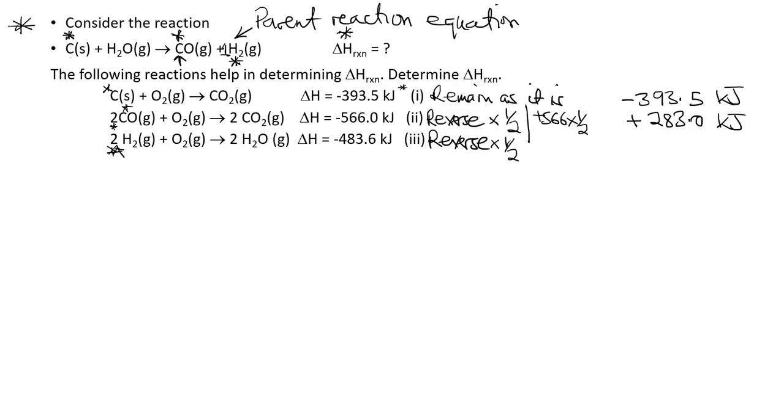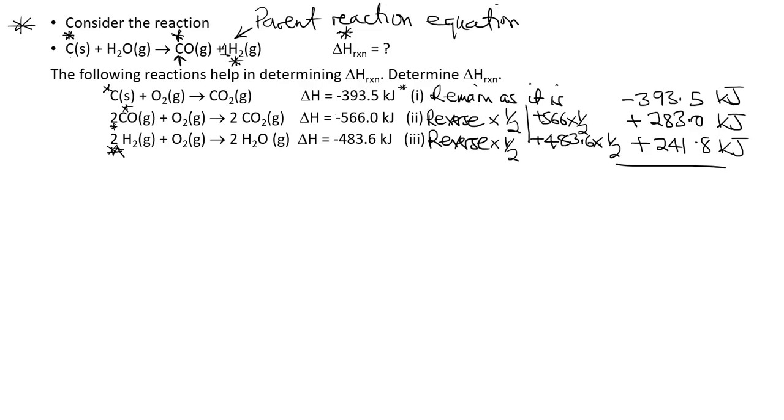Which means I'm going to have, because I reversed this, it becomes positive 483.6, and I multiply this by half. So in the end, let me just check what I am having. I am going to have plus 241.8 kilojoules.